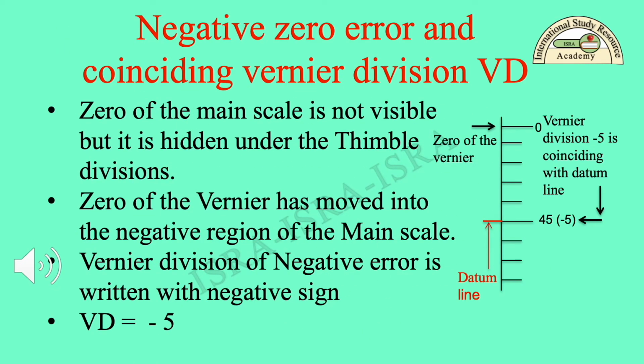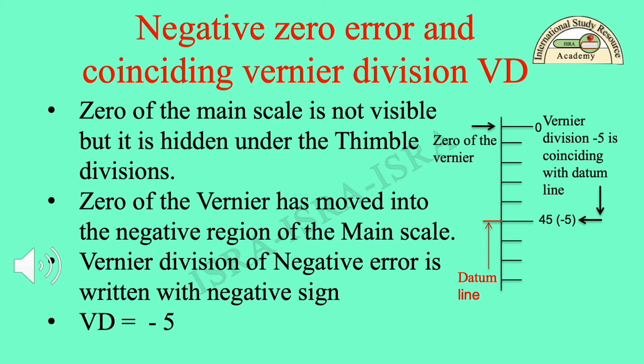Negative zero error and coinciding vernier division VD. When micrometer is fully closed with no object between its jaws, then 0 of the main scale is not visible, but it is hidden under the thimble divisions. 0 of the vernier has moved into the negative region of the main scale. You are counting the coinciding division with reference to 0 of the vernier.